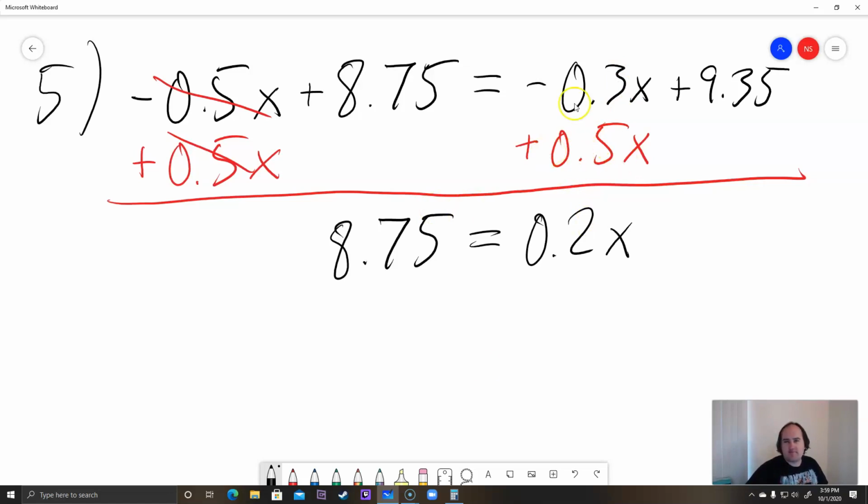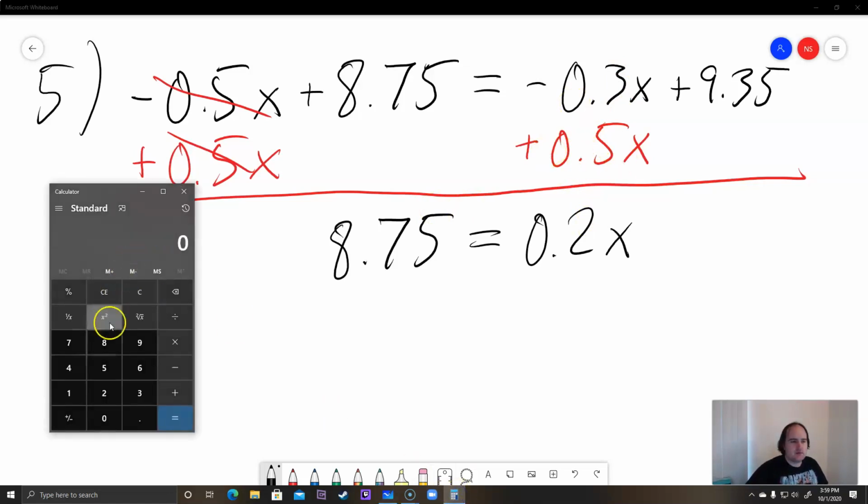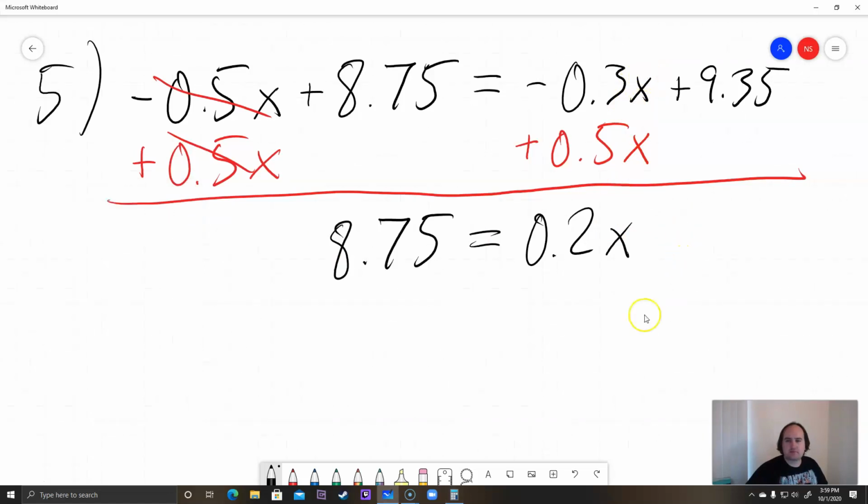It's 0.5 minus 0.3. So you can type it in, 0.5 minus 0.3, and that gives you 0.2. Okay, but it's 0.2x because we're actually combining like terms. We're combining the x's. So we should have 8.75 equals 0.2x plus 9.35.